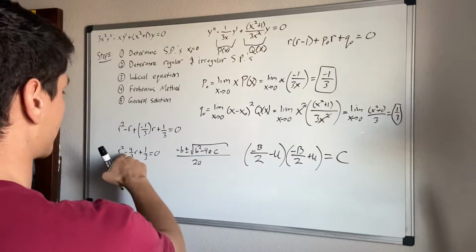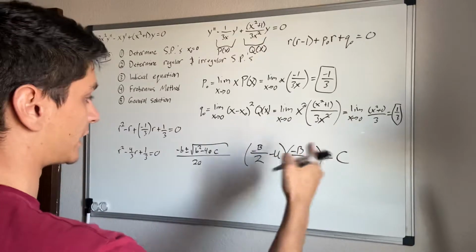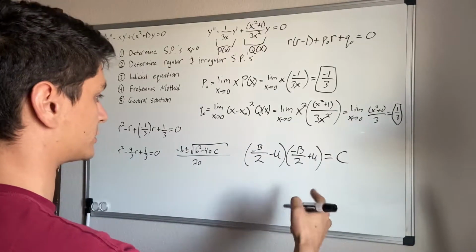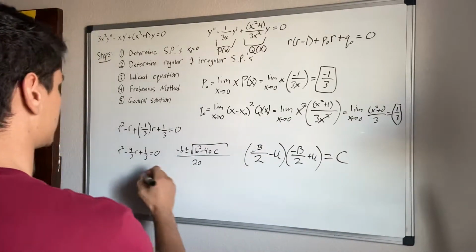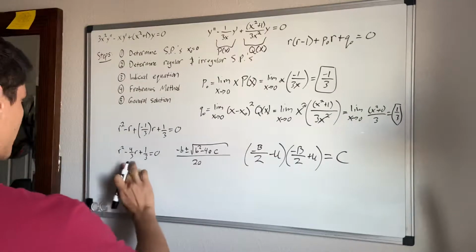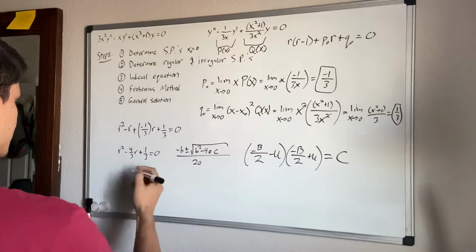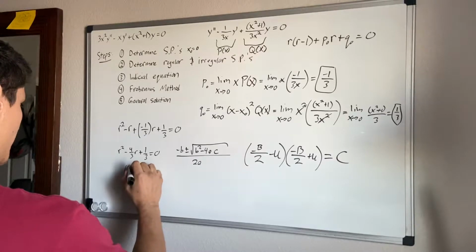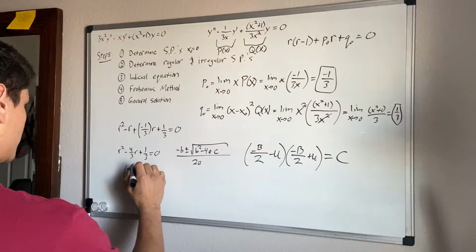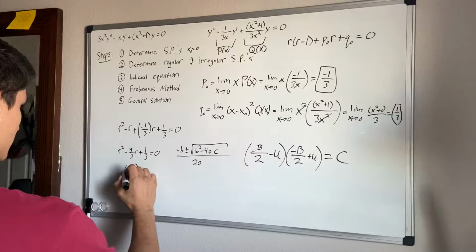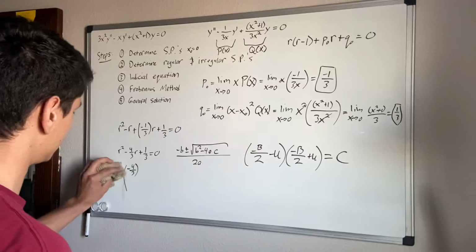So let's plug in the numbers. B is minus 4/3. So minus 4/3 is positive 4/3 divided by 2. I'll just write it all out so you can see it.